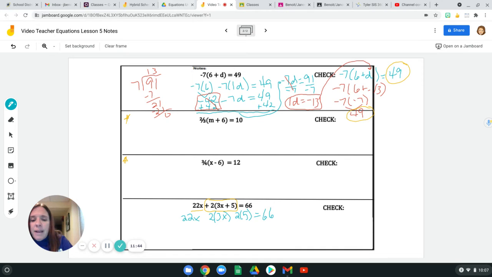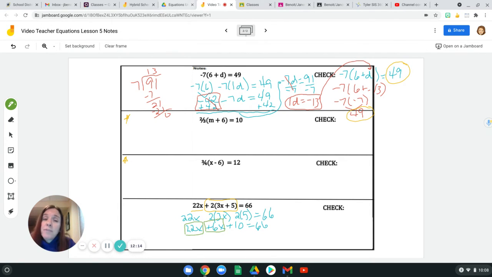All right, now let me see what I have here. I have 22x. 2 times 3x is positive 6x. 2 times 5 is positive 10. And then 66. Now what I hope you notice back from our expression days is I have 2 variable terms that are like terms.